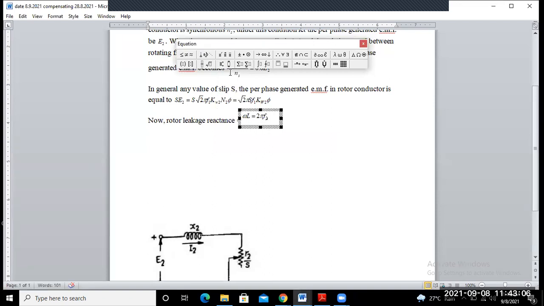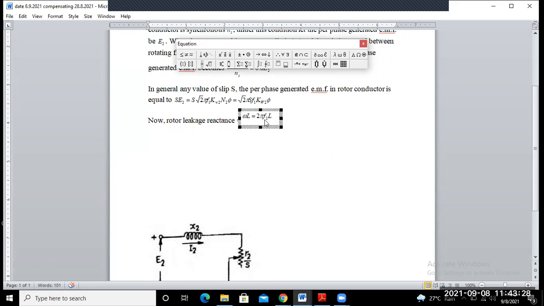So 2 pi F2 into L. This SF1 can be replaced by F2. You know, this SF1 is your rotor frequency F2. That means the EMF induced is root 2 pi F2 KW2 into phi.